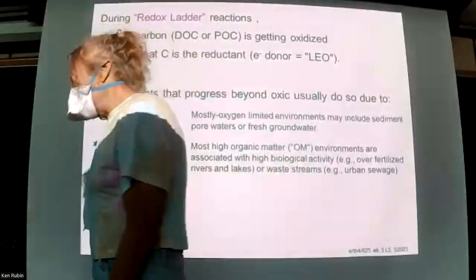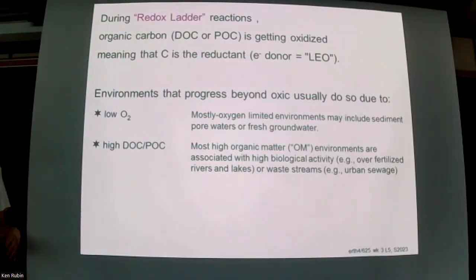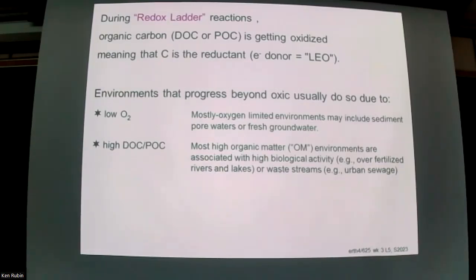Okay, so I just want to spend a little bit of time giving you some redox ladder examples. There are basically two ways that you can go down the redox ladder away from oxic into suboxic and beyond. One of them is that you just don't have very much oxygen, things that are isolated from the atmosphere. Good examples are groundwater.